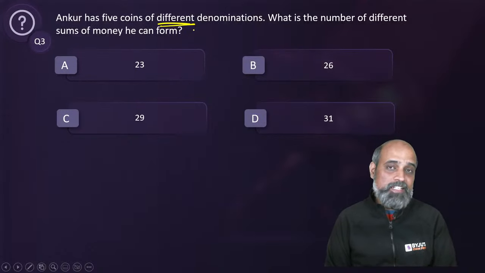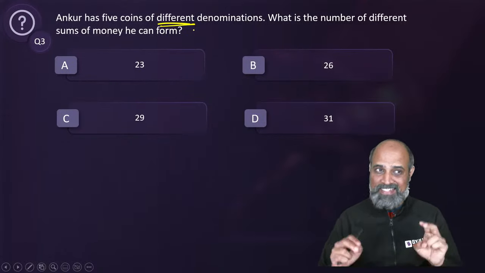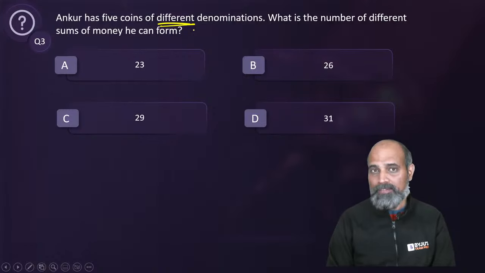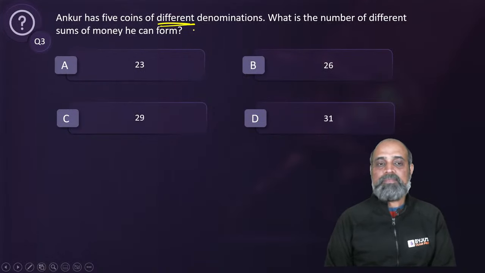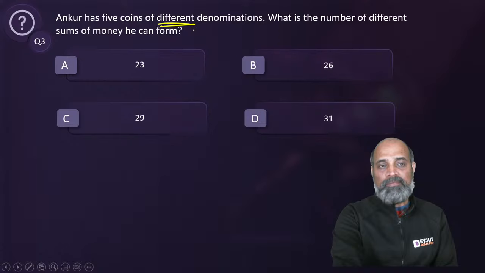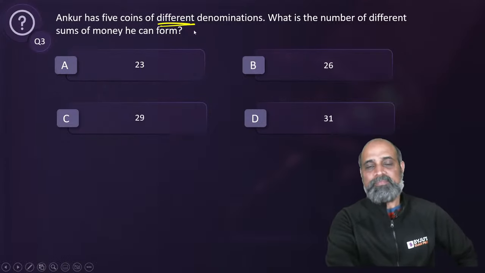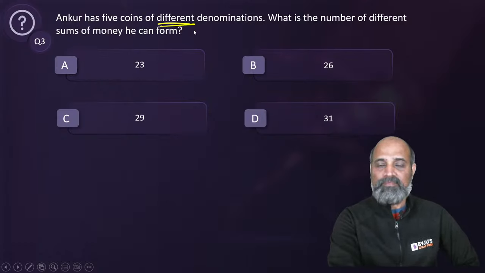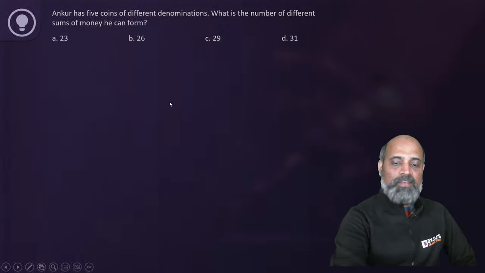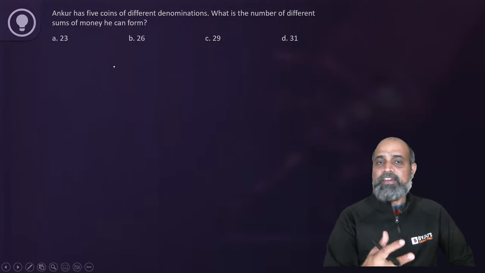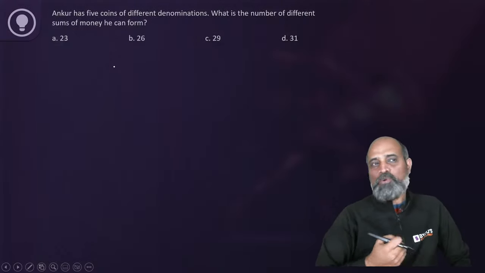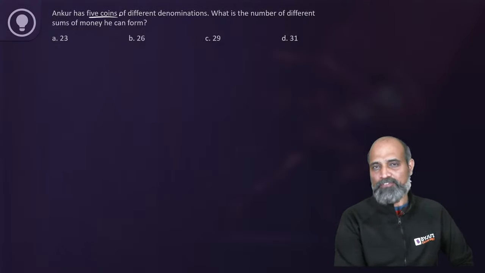We already discussed at the beginning of the session, right? What do we do in distinct, what do we do in identical? Anyone? See, when you have questions like these and you have no idea what to do, who is going to solve 5 coins? Leave it.